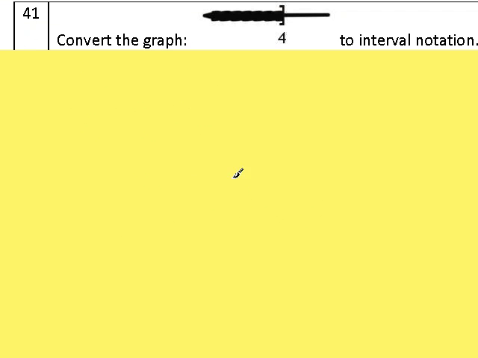In number 41, we want to convert this graph to interval notation. So these are all the numbers to the left of 4 and equal to 4. So we can imagine that they go all the way down to -infinity. So from here, it's easy to just write down the interval. It looks similar to the graph. Square bracket at 4 and -infinity on the left.